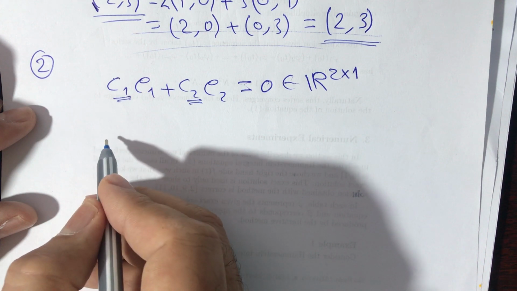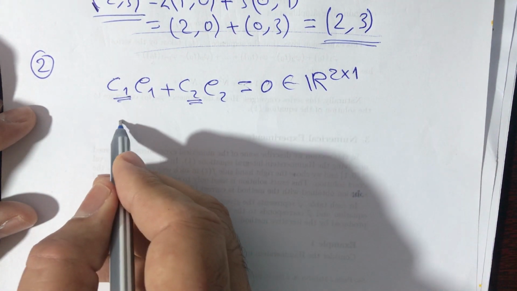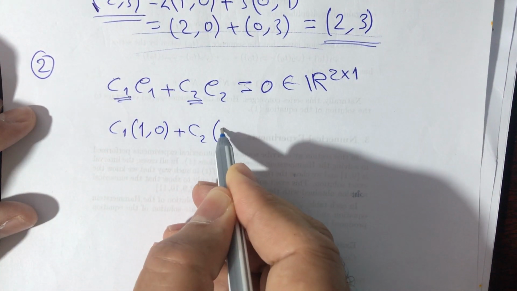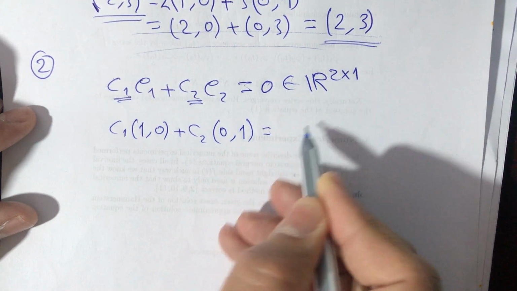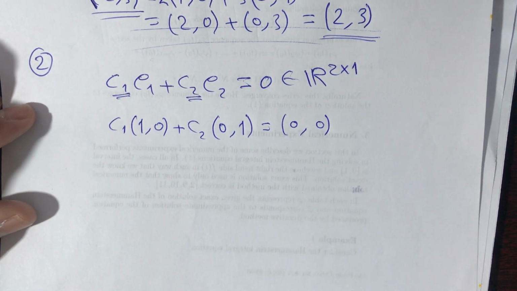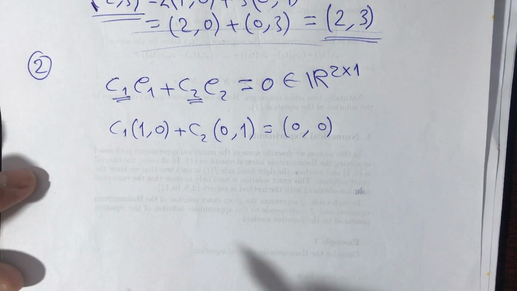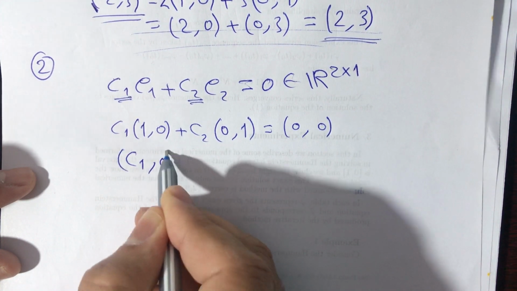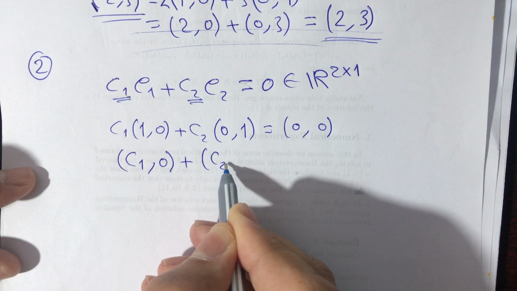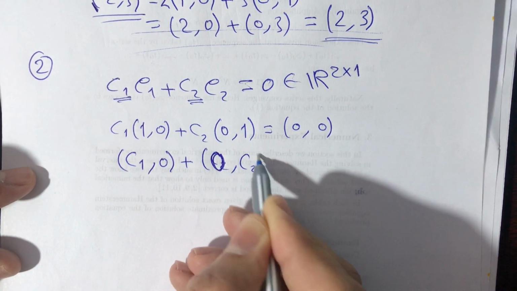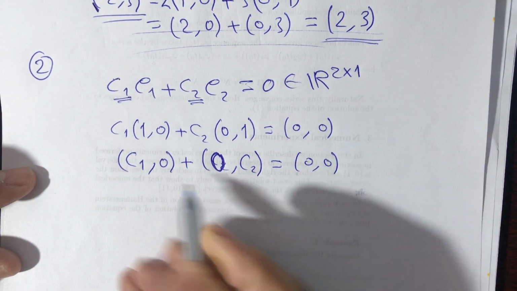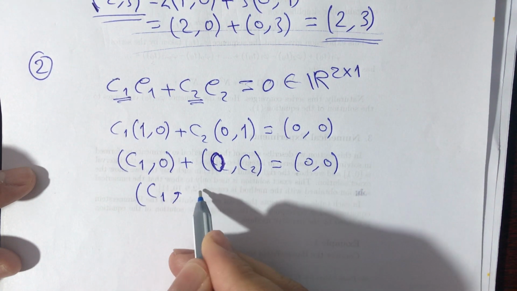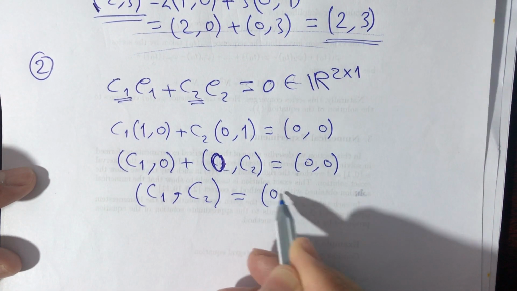So here this means C1 times (1, 0) plus C2 times (0, 1). This is in R2, this means (0, 0). So this is equal to C1 0 plus 0 C2, equal to (0, 0), and here the sum is C1 plus 0, and 0 plus C2, equal to (0, 0).